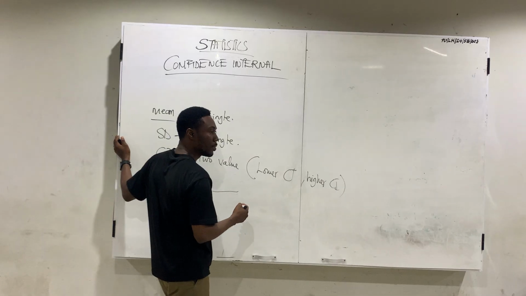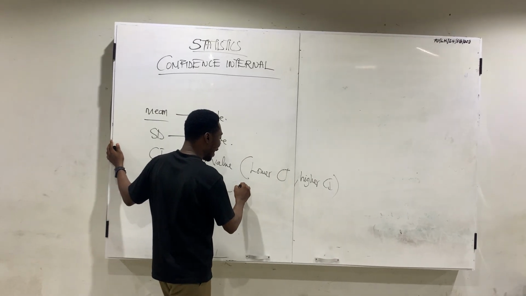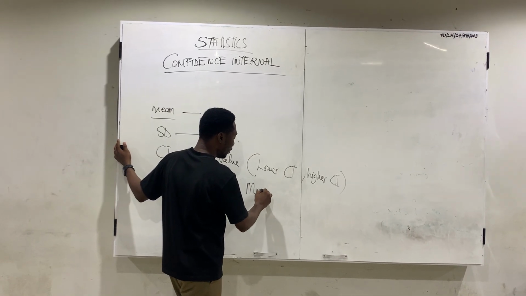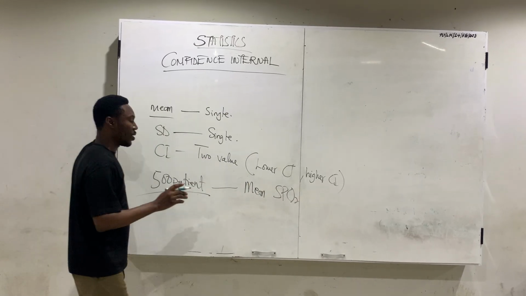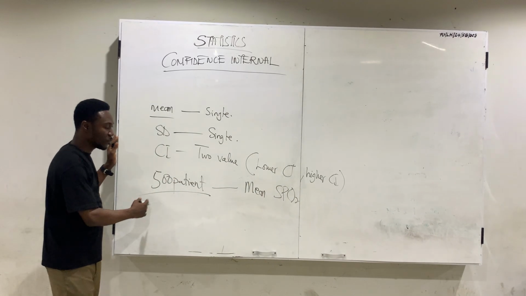Let's assume we want you to calculate their mean SpO2. Now, what that means is that you have to go around.